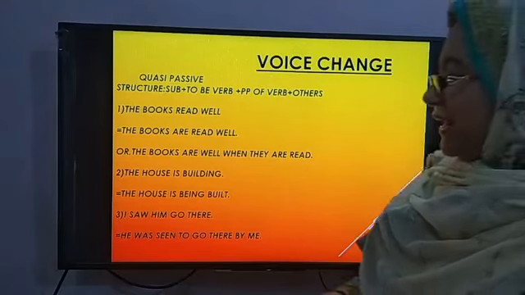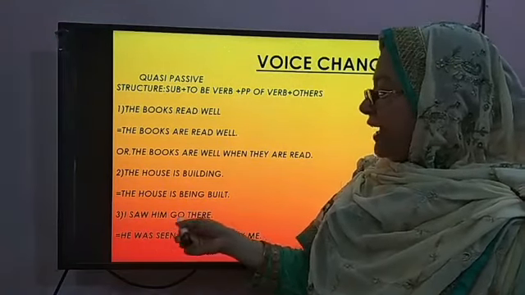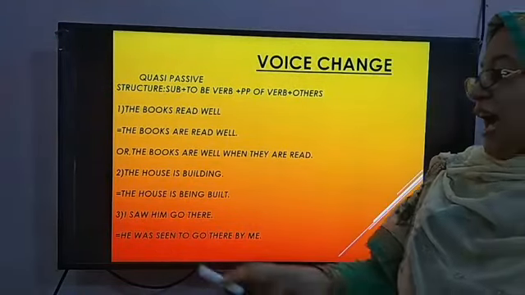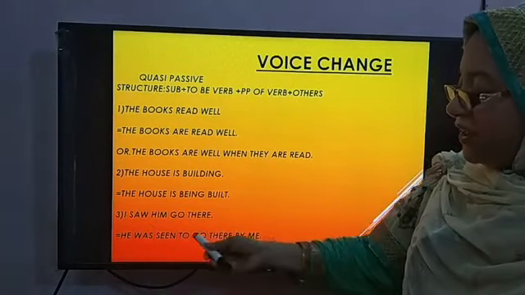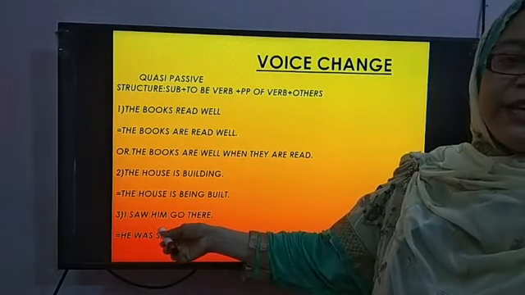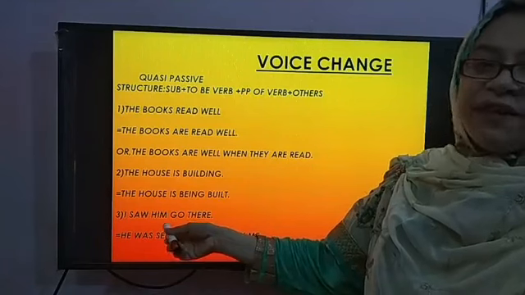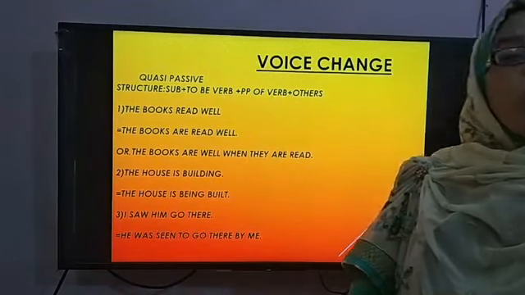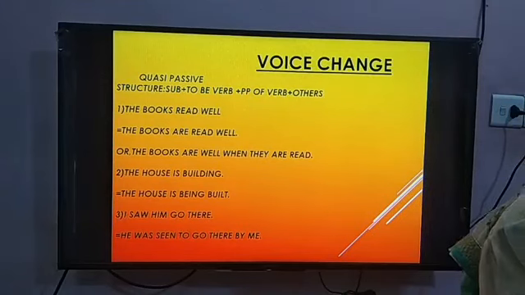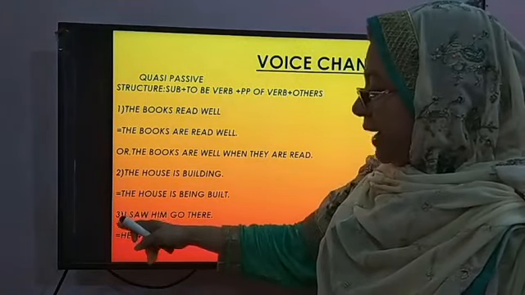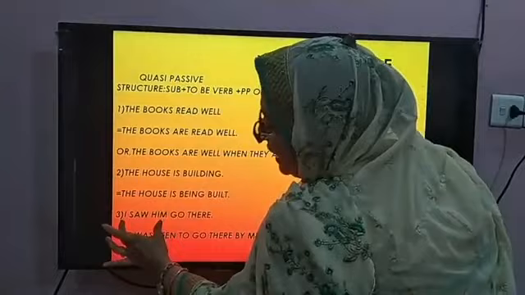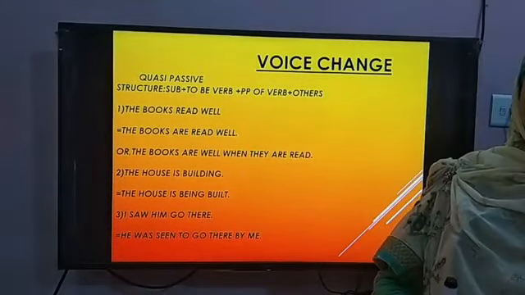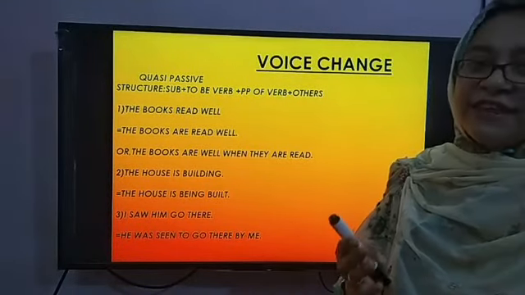Now look at another one. I saw him go there. Here you see a bare infinitive. Before the verb there is no to. The answer will be: I saw him, that means he was seen.